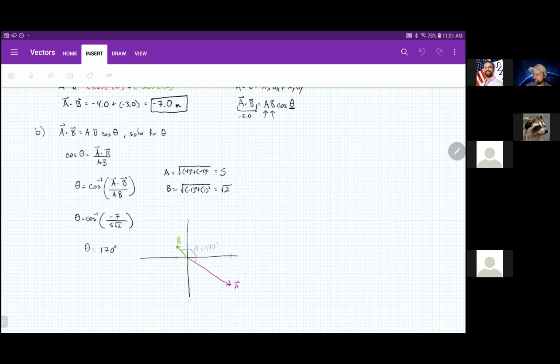For example, since the X is facing the other way, that one would probably be the negative one, right? For number 2, yeah, it's going to be a cosine theta for the X component and a sine theta for the Y component, and you could get a negative or positive for one of those or both.